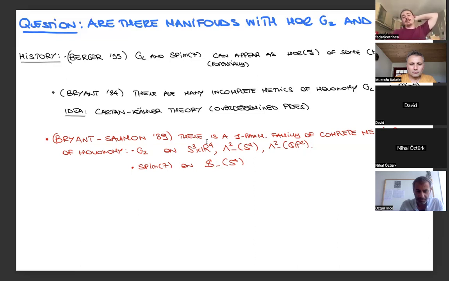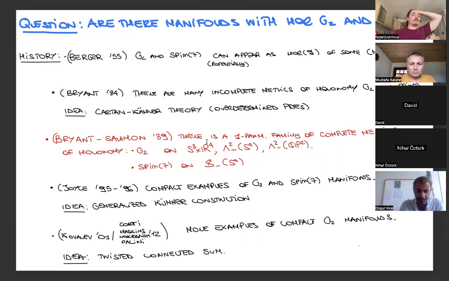But first, let me finish the history of manifolds with holonomy G2 and Spin(7). In 1995, 1996, Joyce constructed the first compact examples, and his idea was to use a generalized Kummer construction. He picked a 7-dimensional torus with some involution, and this involution created some orbifold singularities that he resolved by gluing in some hyperkähler 4-manifolds times flat T3s.